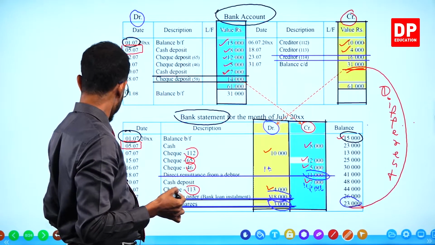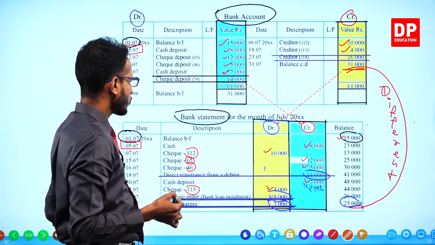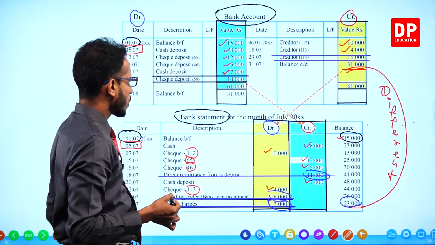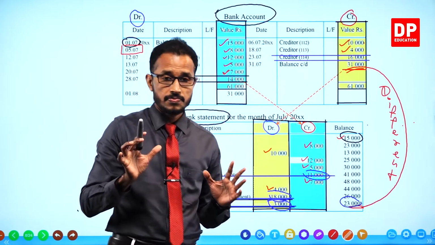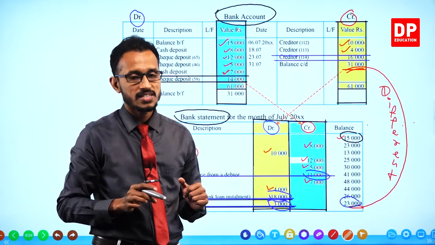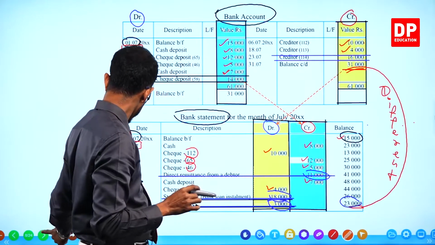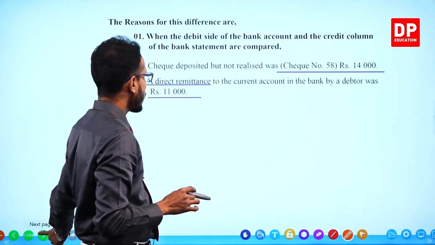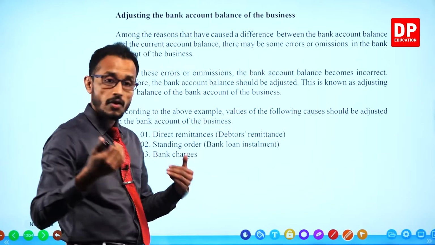So we have to first do this initial step. What is the step? Children, we have to correct our balance.